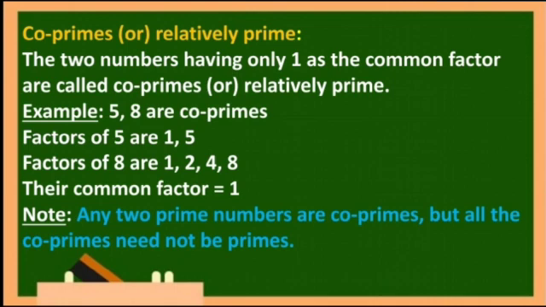The factors of 8 are 1, 2, 4 and 8. And their common factor is only 1. So, we say that 5 and 8 are coprimes. Note that any two prime numbers are coprimes, but all the coprimes need not be primes.